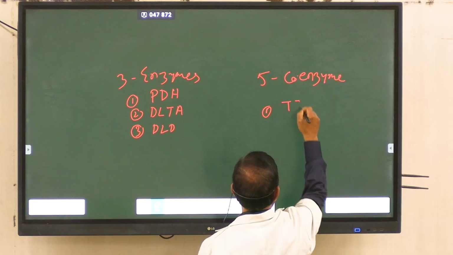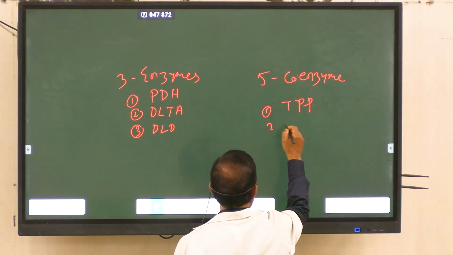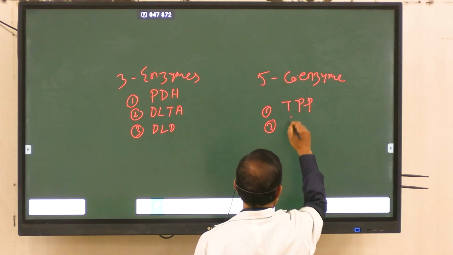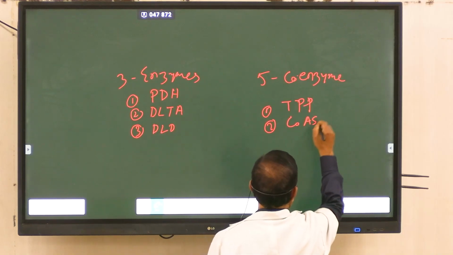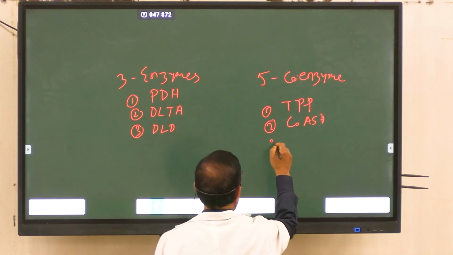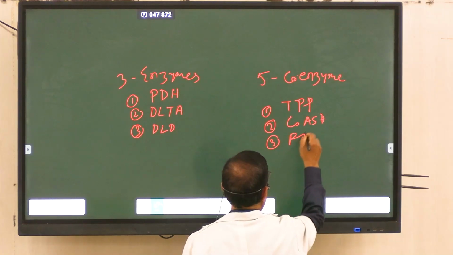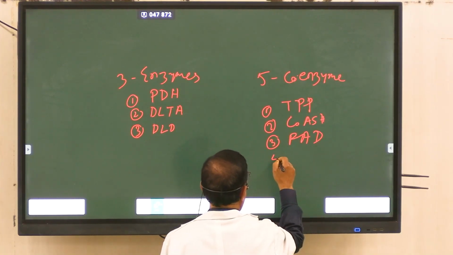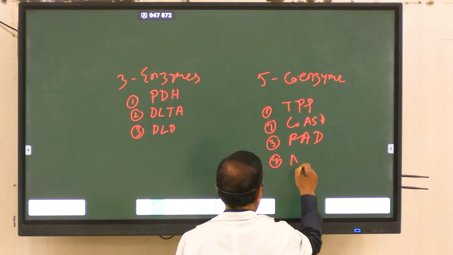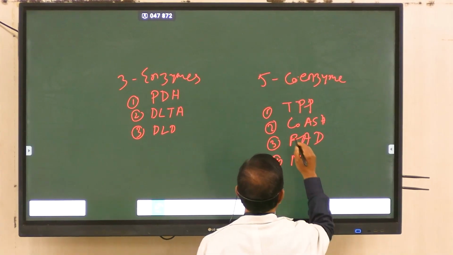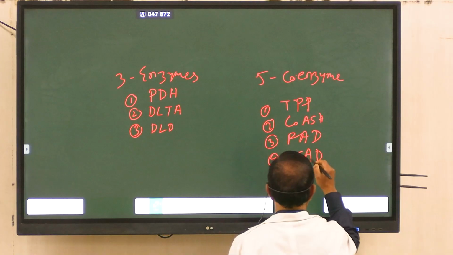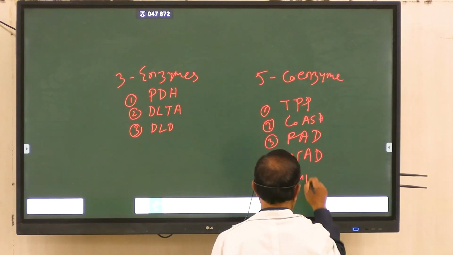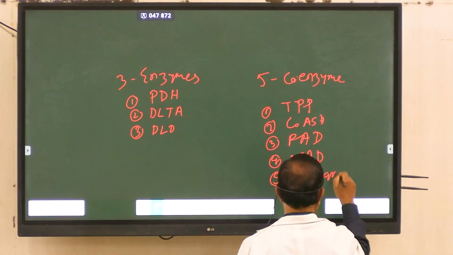They are TPP, then coenzyme A, then FAD, NAD, lipoamide.